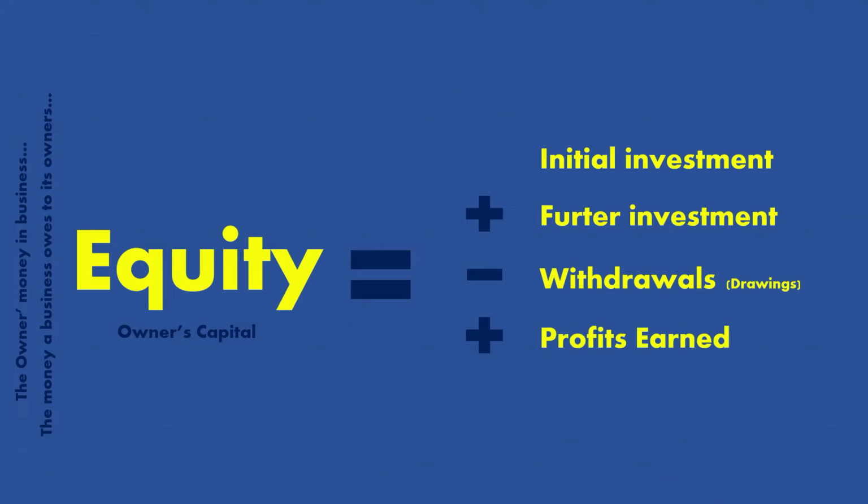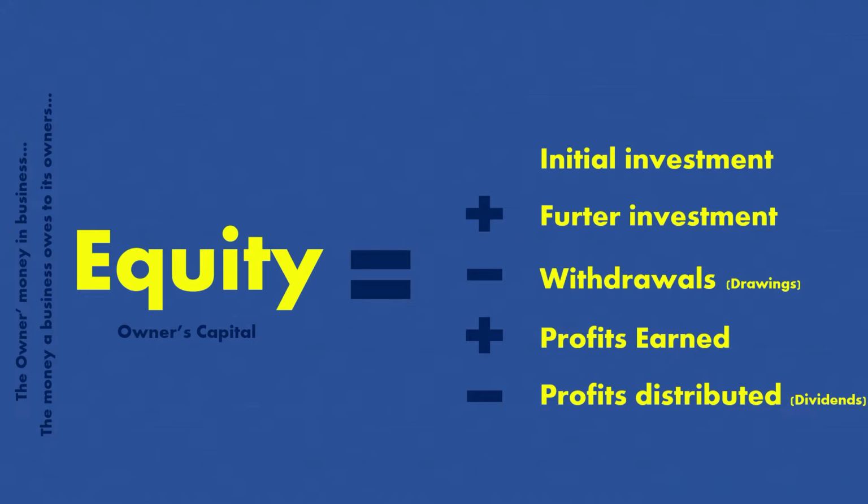After that, we would say all the profits that have been made by the business also eventually relate to the owners of the business. So profits are also added in the equity, and of course if the profits are distributed among the owners of the business, that will be deducted from this equity, because if the profits have been added and they are later distributed, they have to be deducted from the equity.